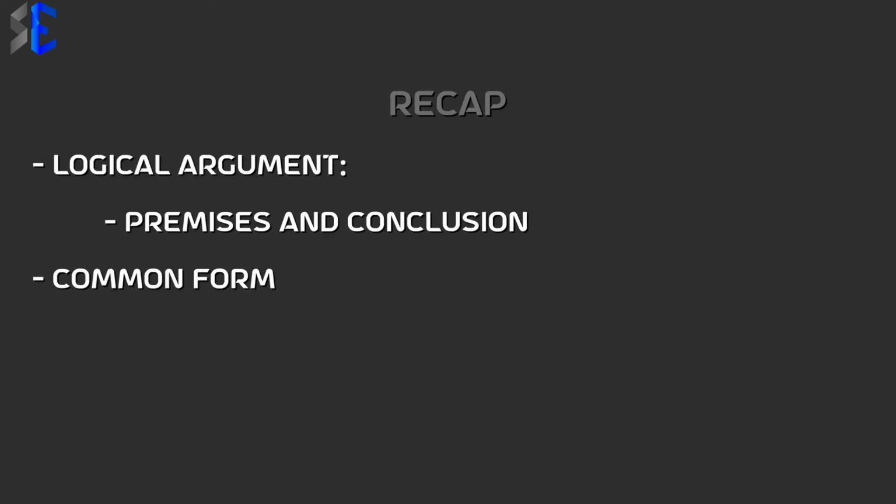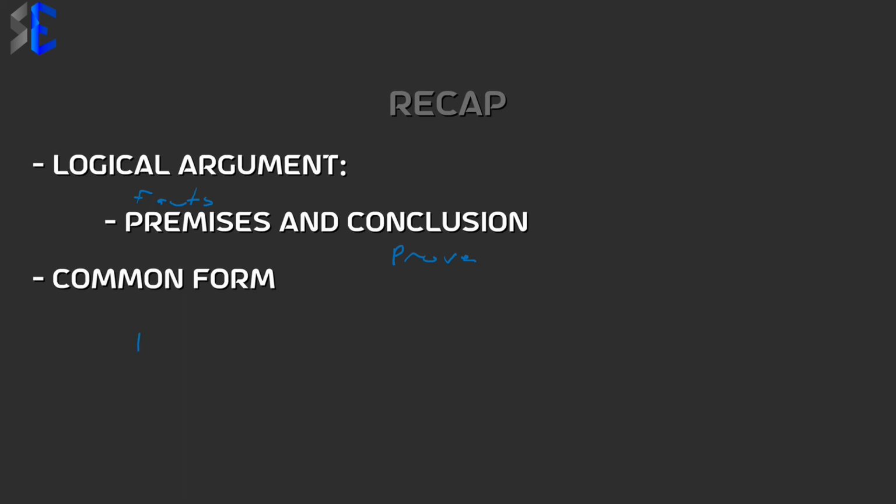So as a bit of a recap, a logical argument consists of premises and conclusion. So conclusion is what you're trying to prove, and premises are basically facts or previously proven things that help build up a logical foundation to get to your conclusion. Common form is basically just replacing more specific details with variables.